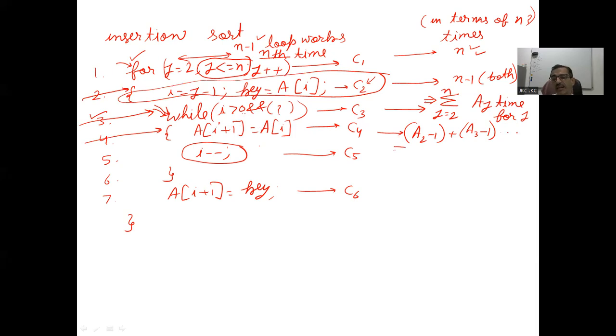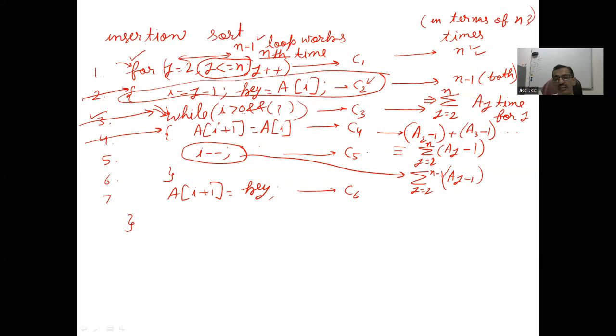Effectively I can easily say this is nothing but the summation of j equal to 2 to n of aj minus 1 times across all values of aj. Similarly, this will also have the same thing, j equal to 2 to n, aj minus 1 times.